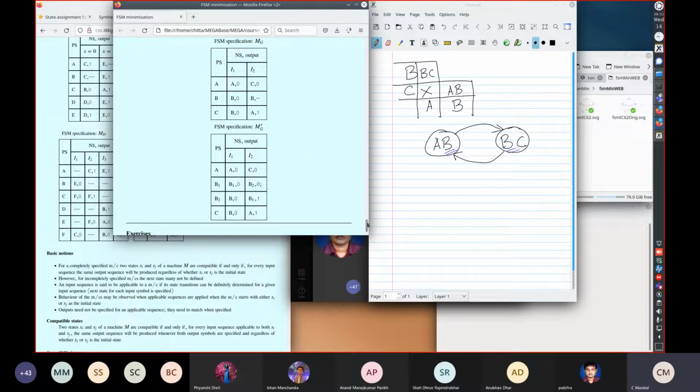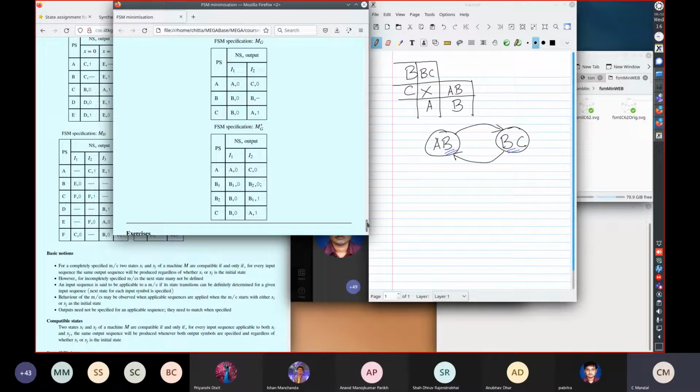Now note that at the end of the day, we are not increasing the number of states, because one copy can be made compatible with A and another copy can be made compatible with C. All right. So this is what we have done.